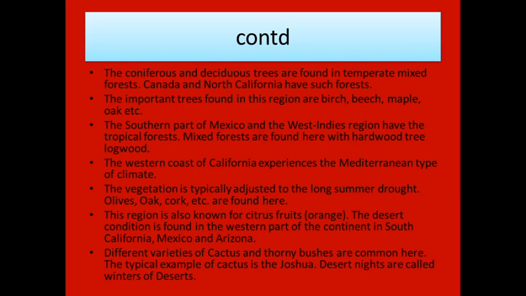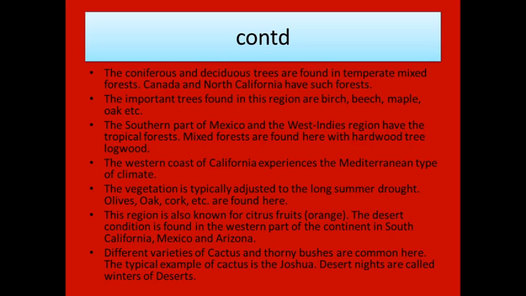The desert condition is found in the western part of the continent in South California, Mexico and Arizona. Different varieties of cactus and thorny bushes are common here. The typical example of cactus is the Joshua.